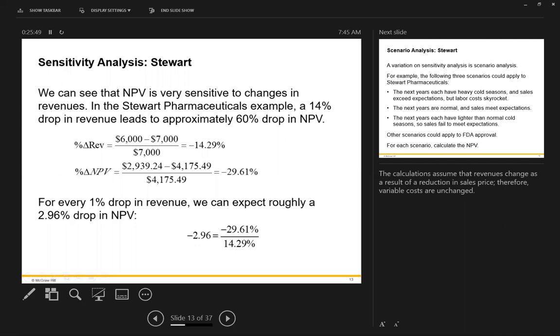So for every 1% drop in revenue, we can then predict the impact on our net present value. It will decrease 3%. So in this scenario, we're holding everything else constant except for that revenue. And then we're recomputing that net present value to determine the overall impact when that one item changes, revenue.